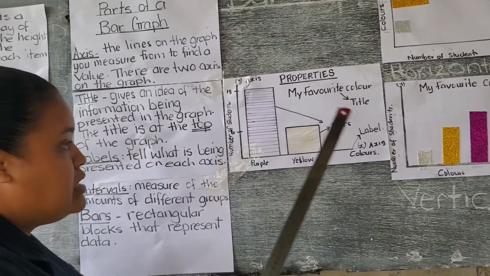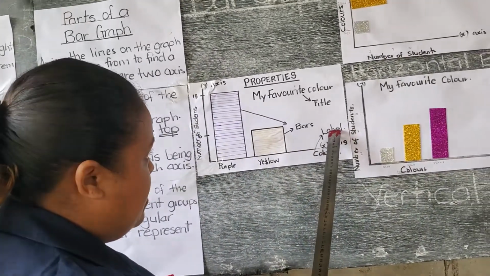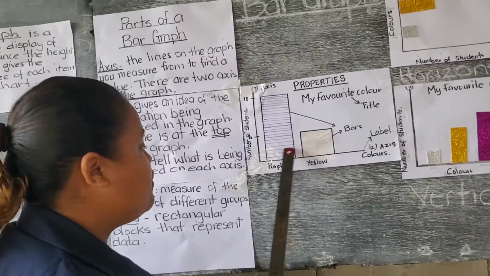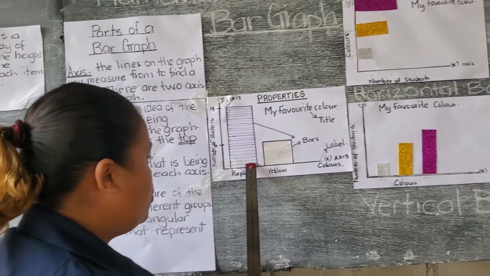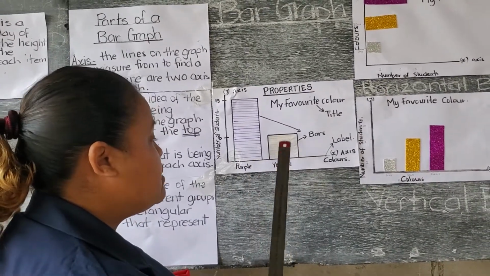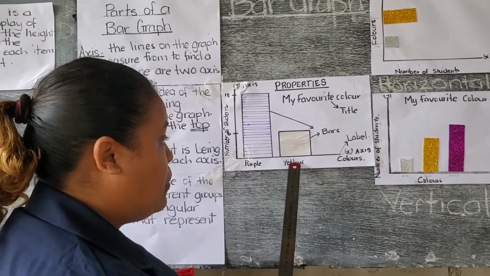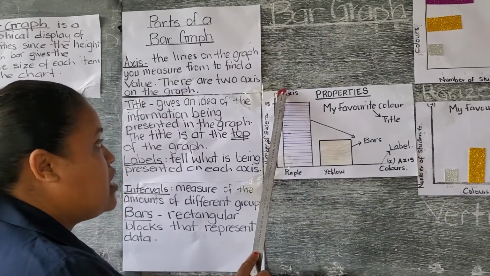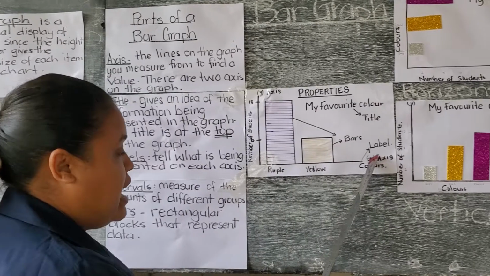Number of students and colors are the labels. These two here are the intervals. We have two intervals, which means that we have two items that we're looking at, which are purple and yellow, the colors. And we have the axes, which is Y and X axis.